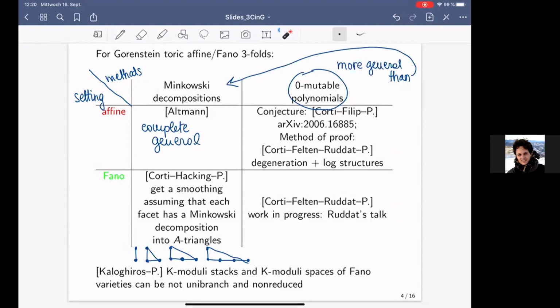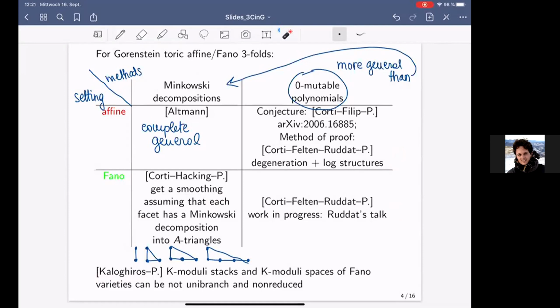Okay, the last thing I want to say about describing the situation is this other work that I've done together with Anne-Sophie Kaloghiros. And basically, using the first column and Altmann's theory, we constructed examples of obstructed K-polystable toric Fano varieties.